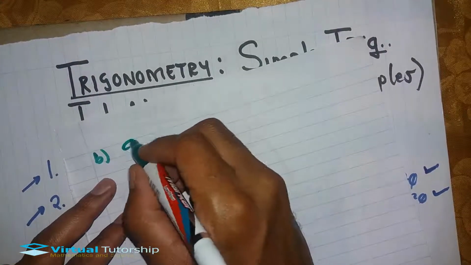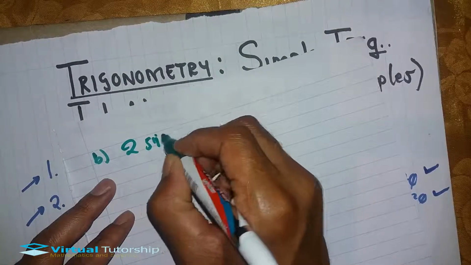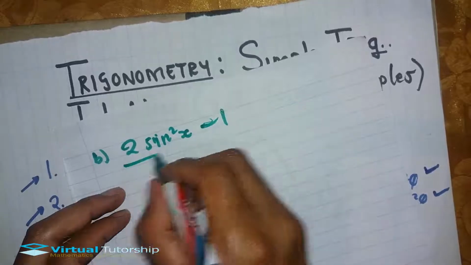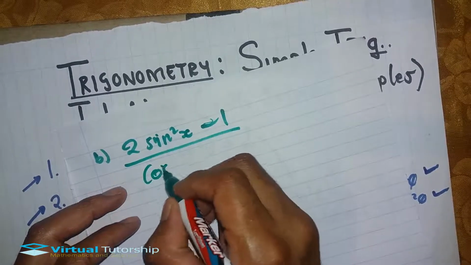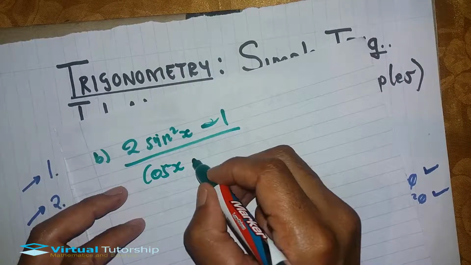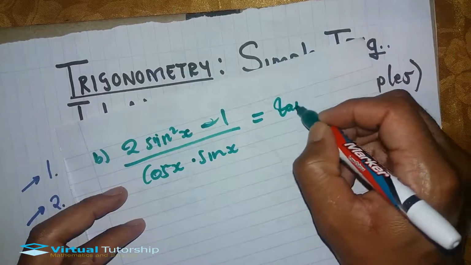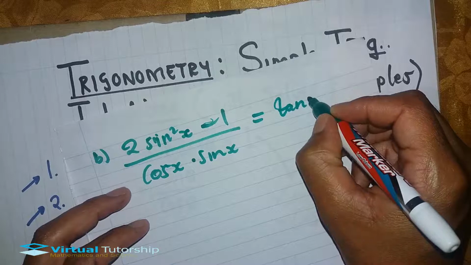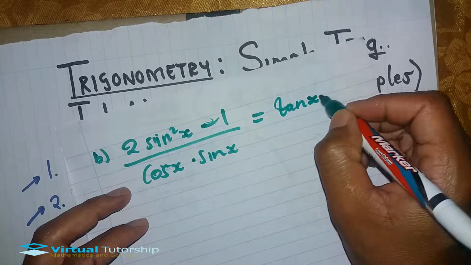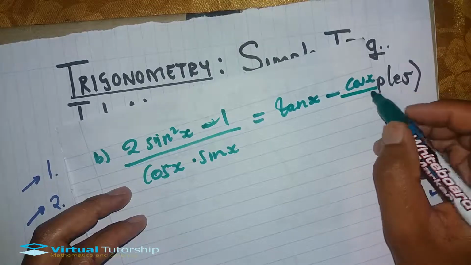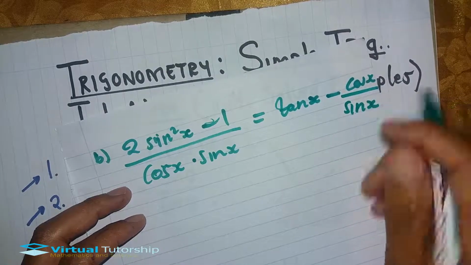Let's say it's not B. So it's 2 sine squared x minus 1 over cos x times sine x equals tan x minus cos x over sine x.